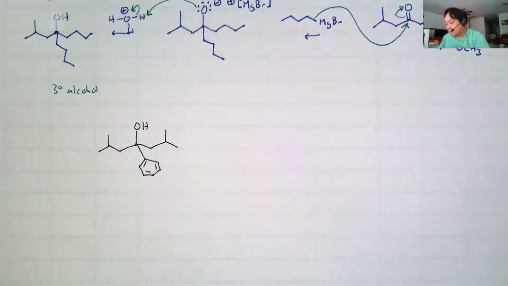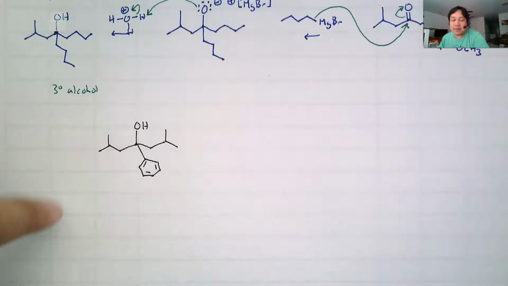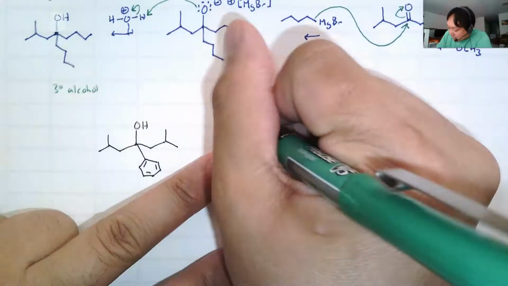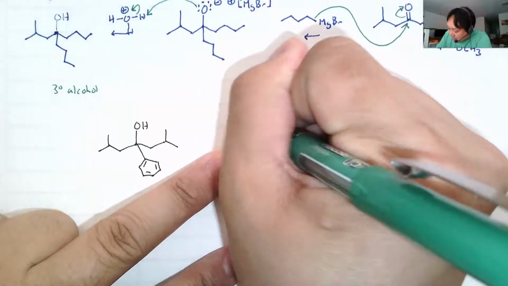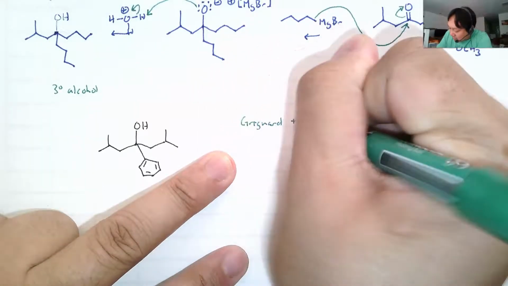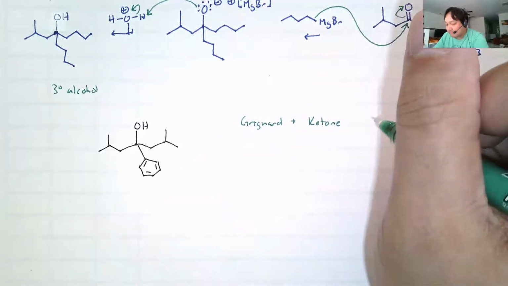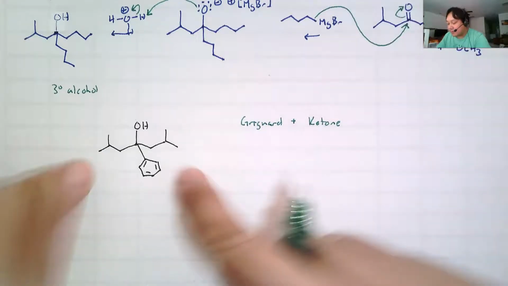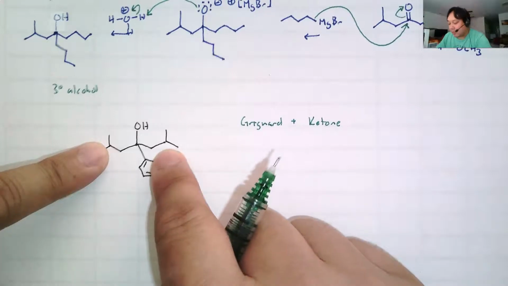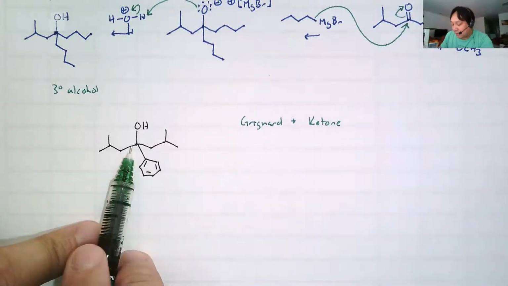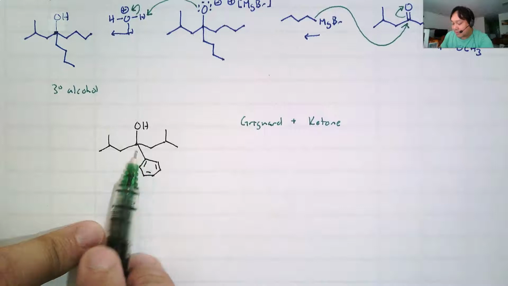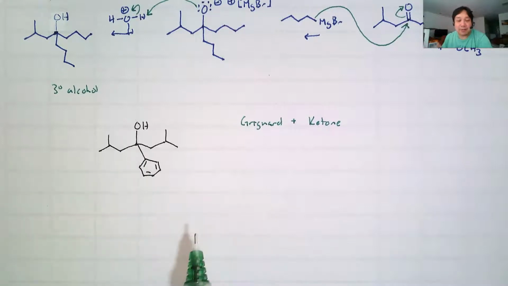What are some ways we could make this? Before this video, we talked about ketones and Grignards. So we could probably make this via a Grignard plus ketone. Because we have two of the groups that are the same, normally you could make bond A, make bond B, make bond C, 3 different ways, Grignard plus ketone.